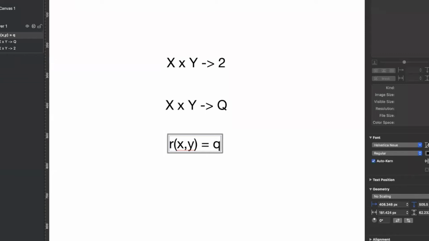Now, it turns out Abramsky and Vickers showed a very long time ago, some 30 plus years ago, that you can use quantales to investigate the semantics of processes.